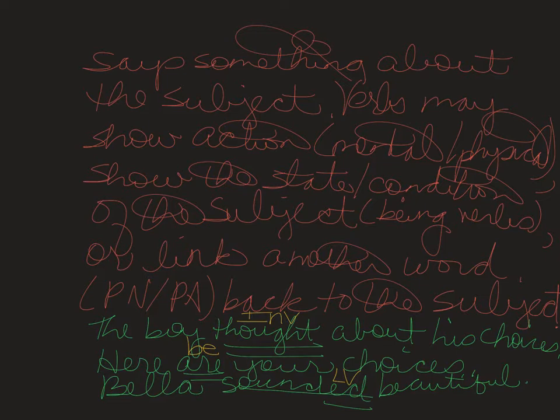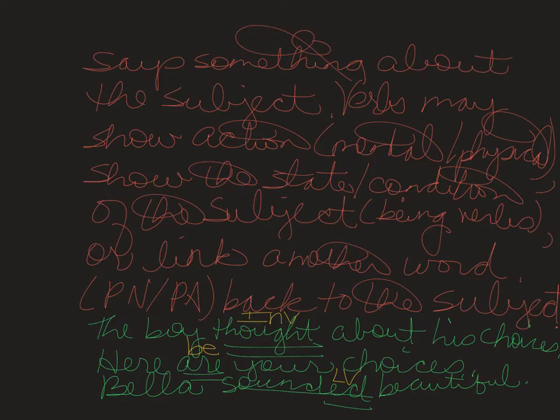They can also show state or condition of their subject, like being verbs: am, is, are, was, were, be, being, and been. Verbs also may link another word, specifically a predicate noun or a predicate adjective that comes after the verb and is part of that complete predicate, back to the subject. The verb can link the PN or the PA back to the subject.